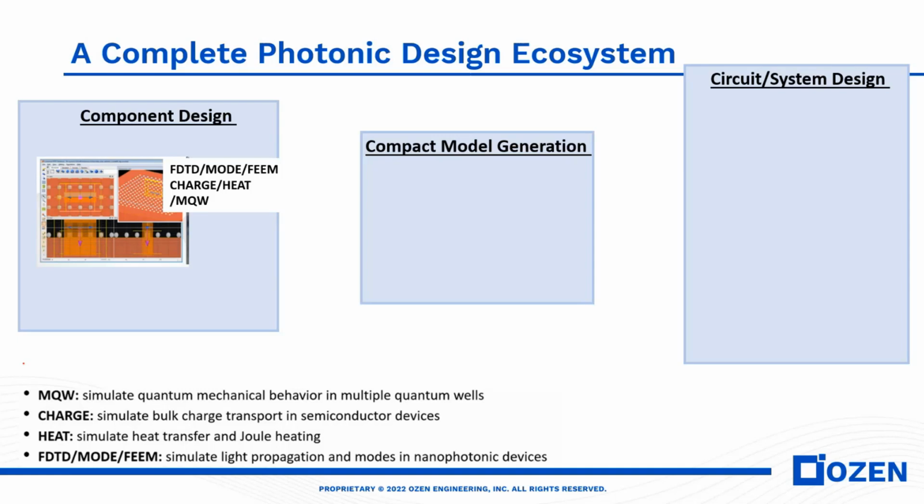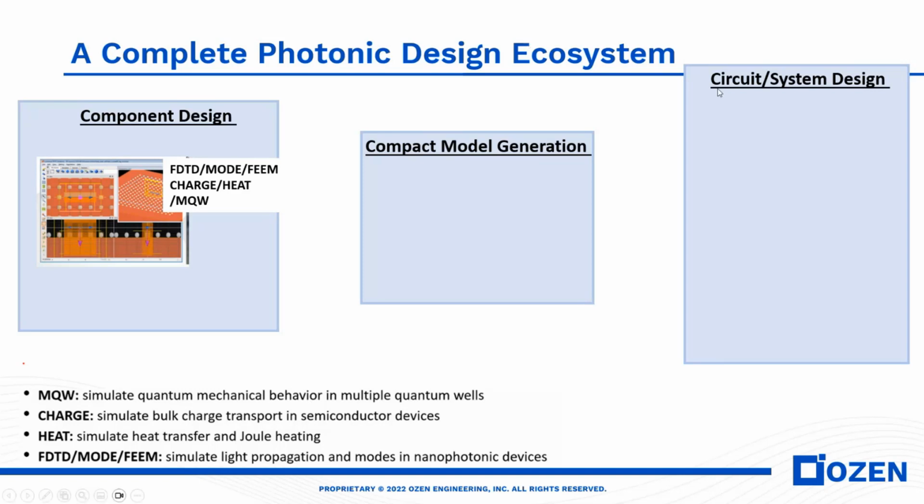So we need CHARGE. Sometimes we also need to simulate the heat, and if our structure includes quantum wells, we need the multi-quantum well solver. You see that this solar cell example includes all of these solvers: FDTD, HEAT, CHARGE, and multi-quantum well.